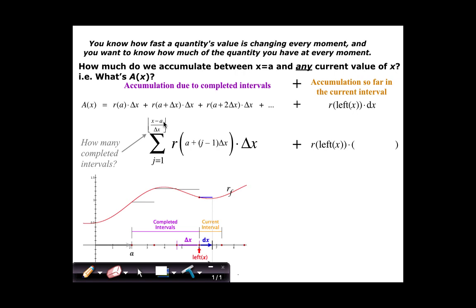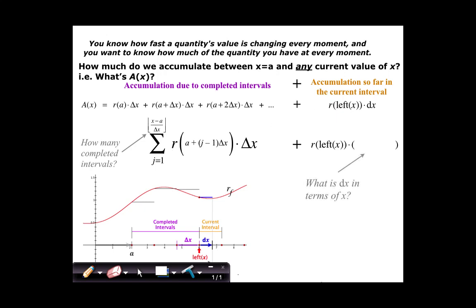But typically if we want to measure accumulation starting at a particular value, there's a reason that we have that as our starting value: because it doesn't make sense before that, or because this is some important point in the process where the rates are now definable, and prior to that they weren't. The last detail we need is, what's dx?